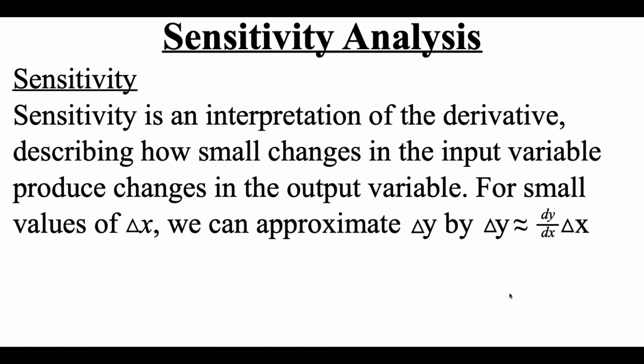So sensitivity is an interpretation of the derivative that describes how small changes in an input value will produce changes in the output value. So for small values of delta x, the change in x, we can approximate delta y, the change in y, by saying that delta y is approximately equal to dy dx times that delta x value.